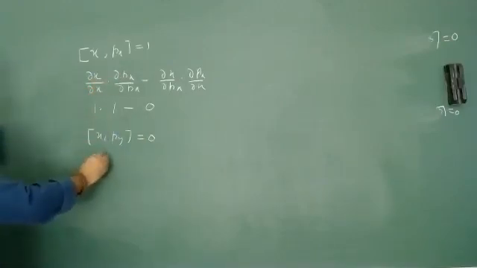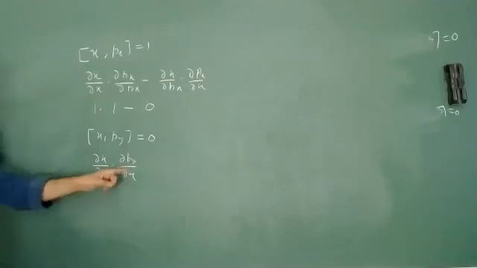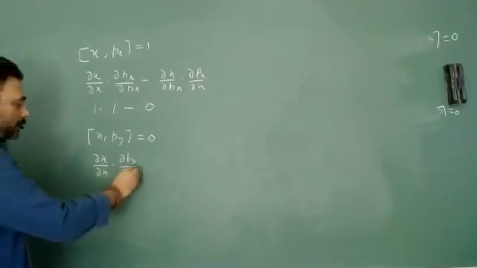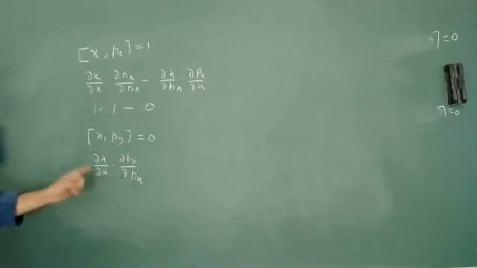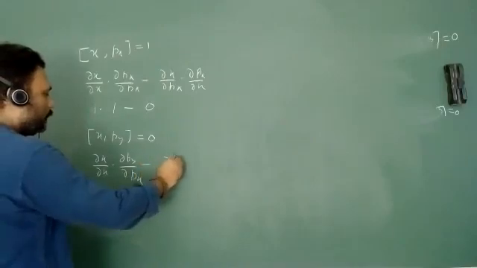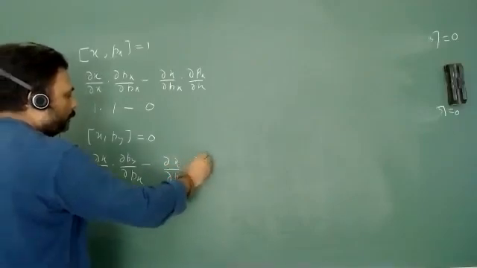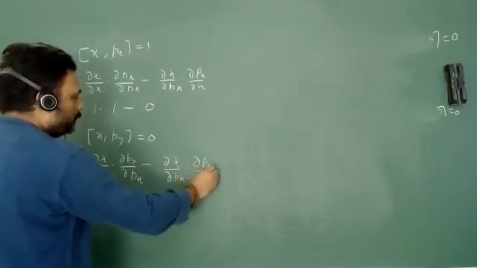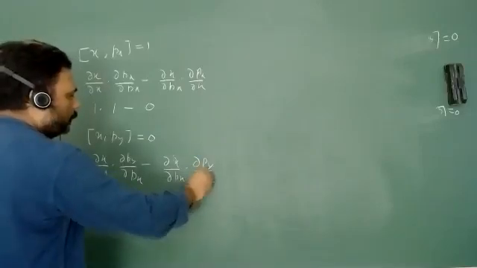What will happen? Del x upon del x, and we have del py upon del px. Please mind it, this has to be del px, because x is my generalized coordinate, and then minus del x upon del px, del py upon del x.